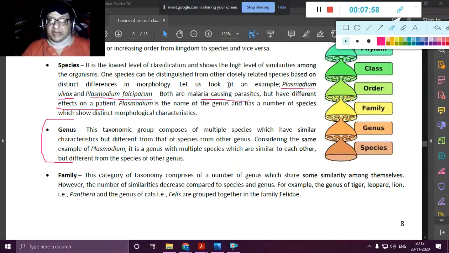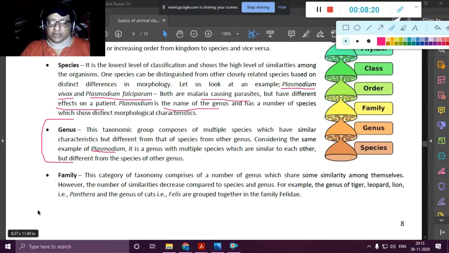Malignant malaria is lethal malaria. It is very difficult to survive malignant malaria, but benign malaria you can survive. But they are the members of the same genus. So the genus name is Plasmodium, species name is vivax or falciparum.